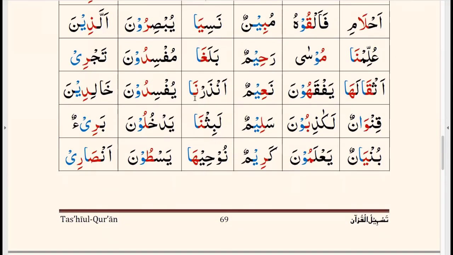Here we have the noon, and after the noon we have a blank alif, and the noon has fatha. So we prolong the noon for 2 seconds. Anzarna. Okay, let's split it up. Anzarna. Well done.